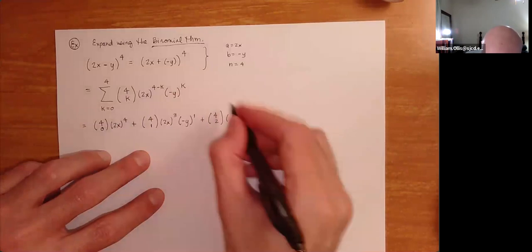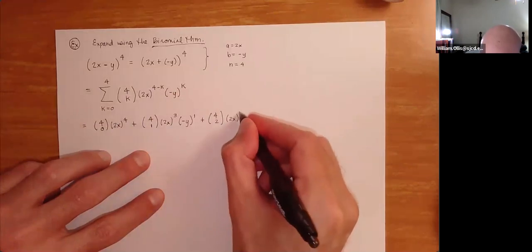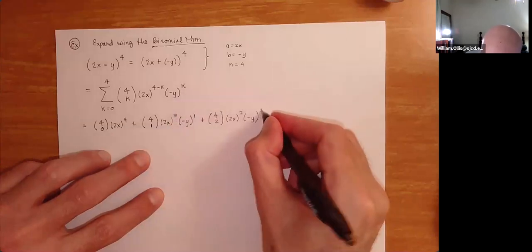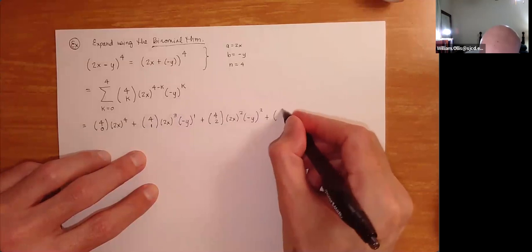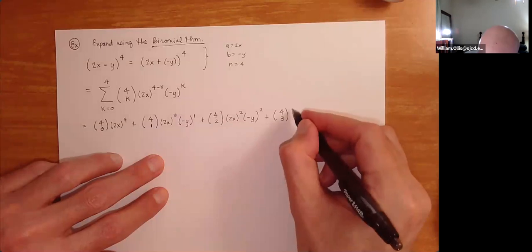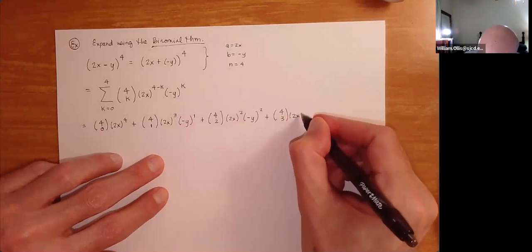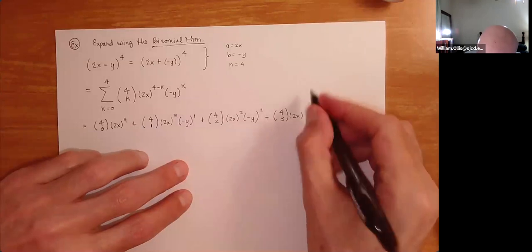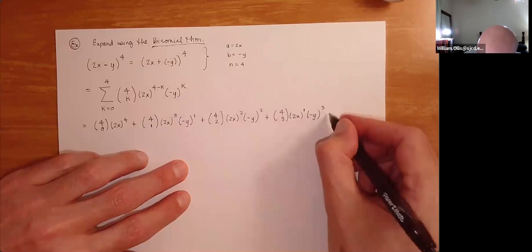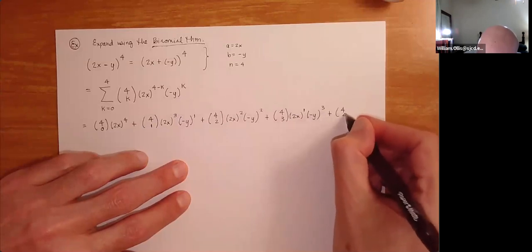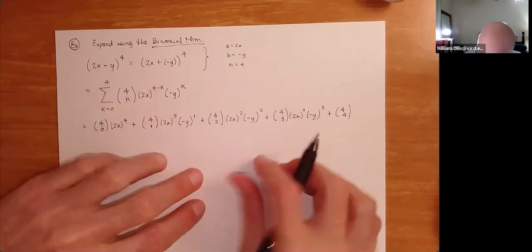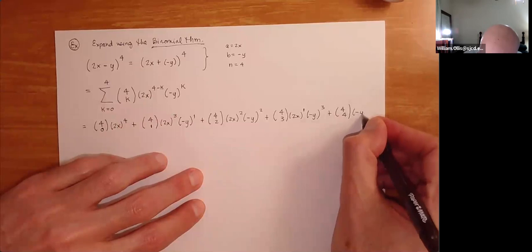Now we have 4 minus 2, so we have 2x squared, negative y squared, plus 4 choose 3. Of course, 4 choose 3 equals 4 choose 1. So this will be 2x, now, of course, we have 4 minus 3, 1, and then negative y to the 3 right there. And then lastly, 4 choose 4. So we've got 2x to the 0 by definition 1, so you can leave that out. And this would be a negative y to the 4th.